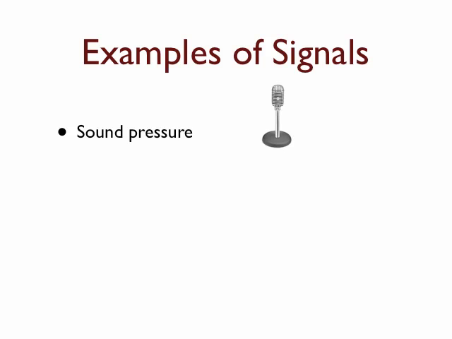There are too many examples of signals to list, but just to give you an idea, the sound pressure that you're receiving at your eardrums right now due to my voice is certainly a signal. The sound pressure is a function of time.